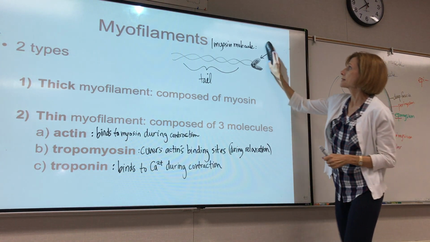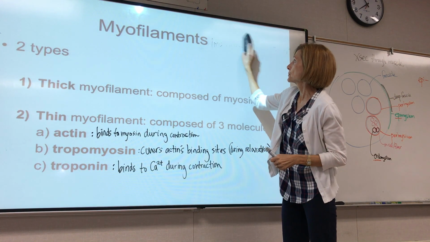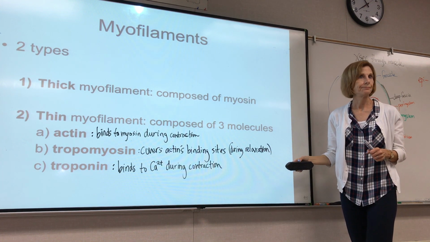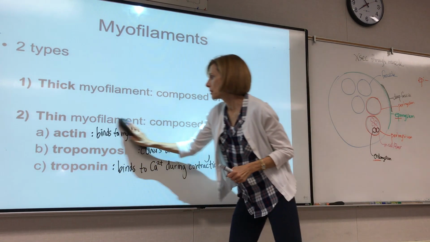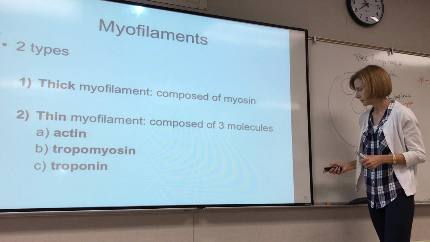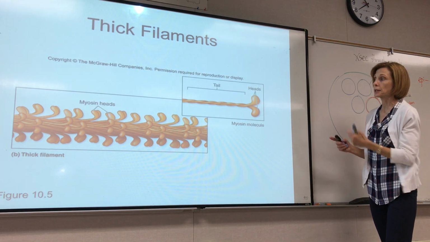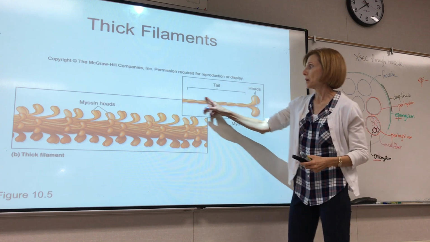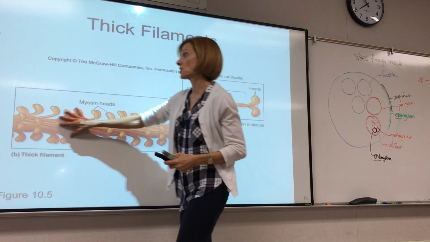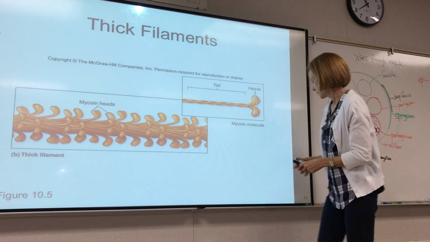Okay, so let's take a look at a diagram that shows the filaments. Okay, so this is the thick filament. Again, this is a myosin molecule. And you can see the thick filament is just a bunch of myosin molecules.